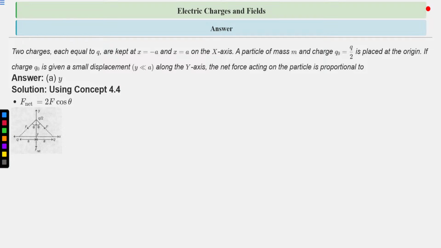This charge q naught is placed at the origin initially. Now a small displacement y is given along the y axis, which is much less than the separation between them.